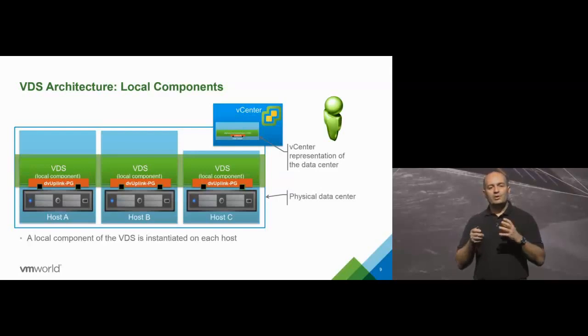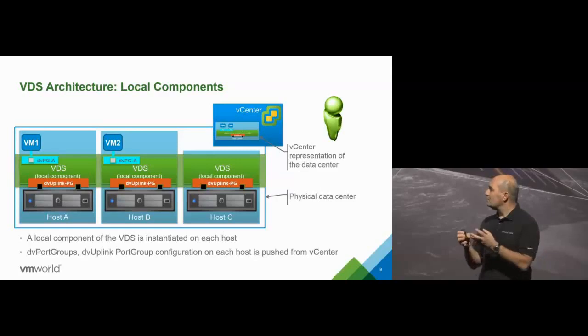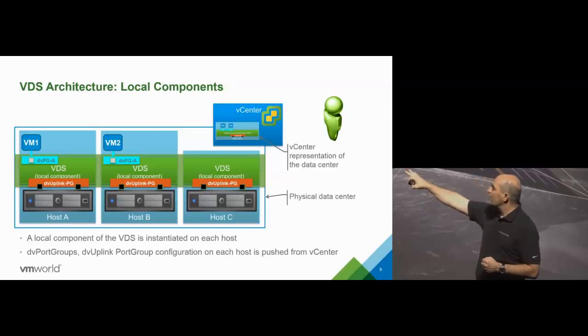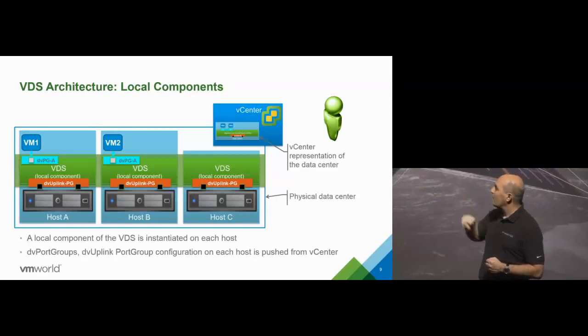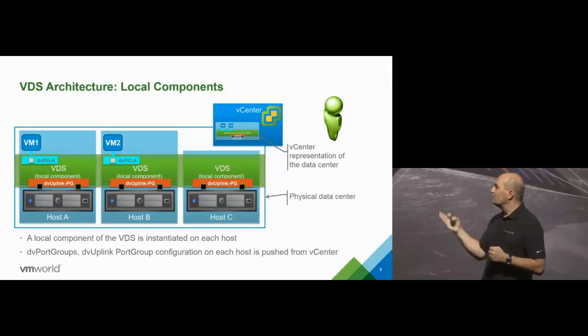So again, the beauty of the vDS is this centralized management. What you used to do on a per host basis, now you can do globally on your network. So for example, here I am managing two virtual machines that are attached to one blue DV port group A. This is something that you create. It looks like those two virtual machines are attached to a single switch from the logical perspective.